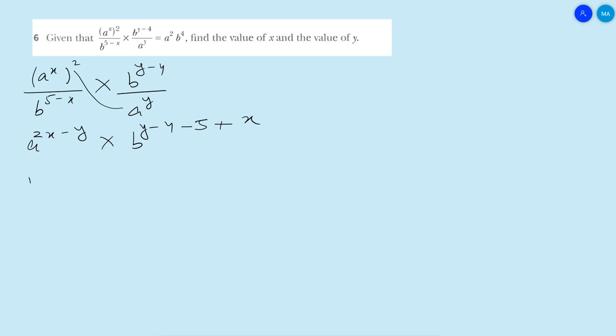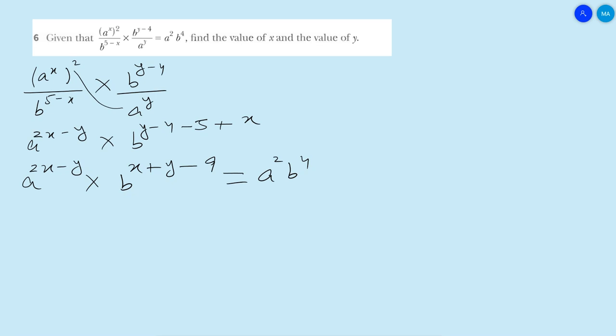Okay. So a to the power 2x minus y into b to the power x plus y minus 5 minus 4 is minus 9. And the right hand side is a^2 b^4.